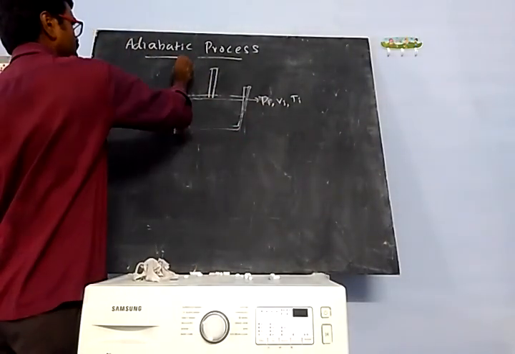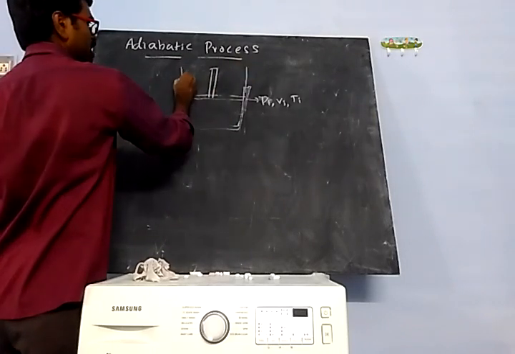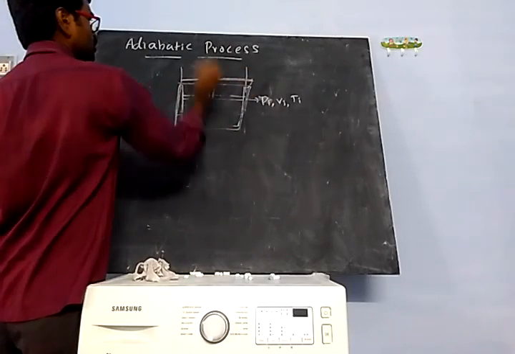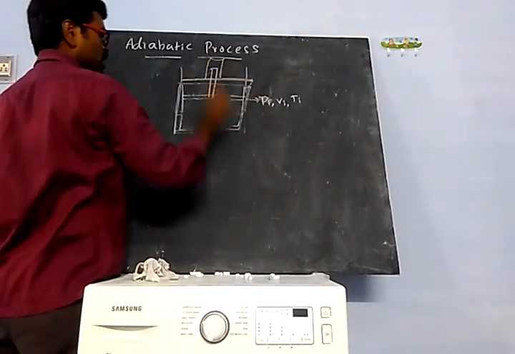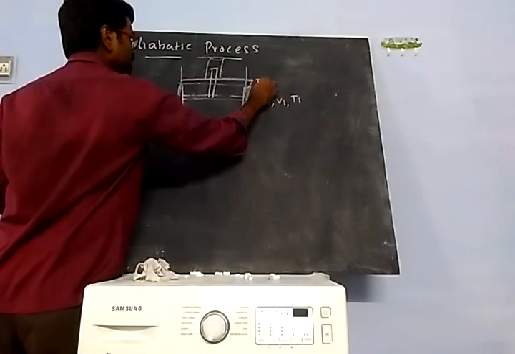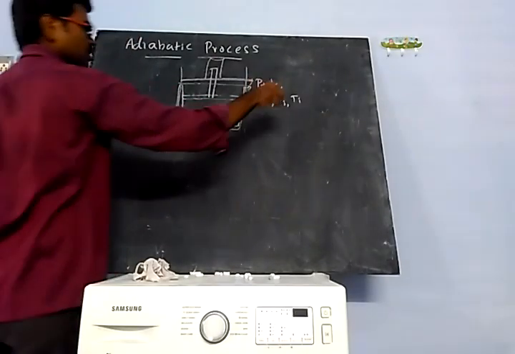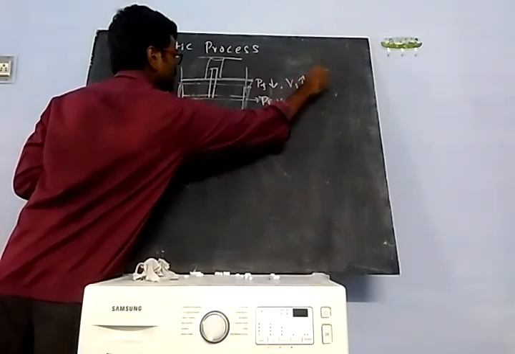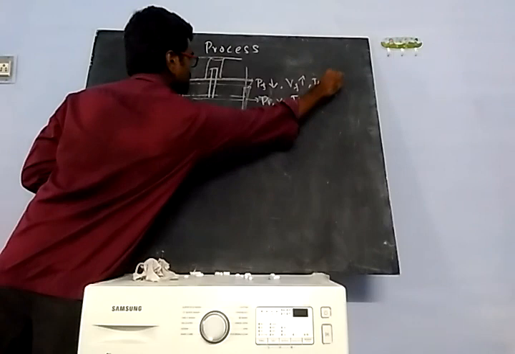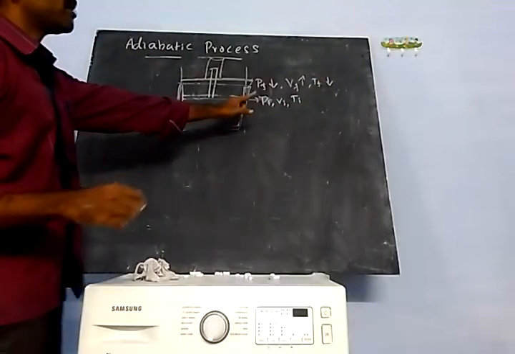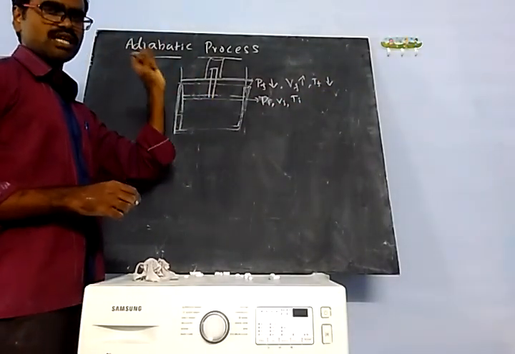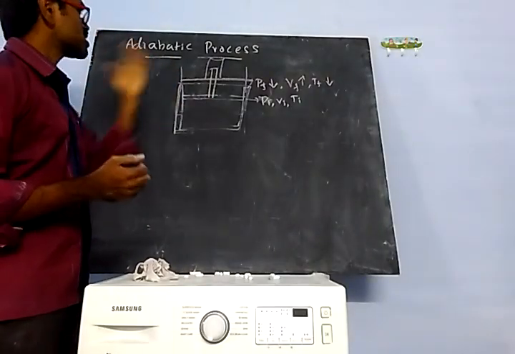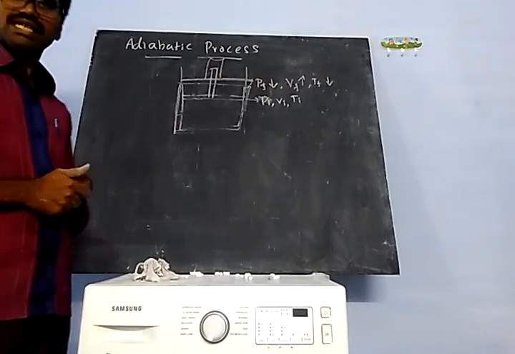Now you increase the volume. What happens? The pressure is reduced, the volume increases, and the temperature decreases. So these three variables are varying: pressure, volume, and temperature. This process is known as the adiabatic process.